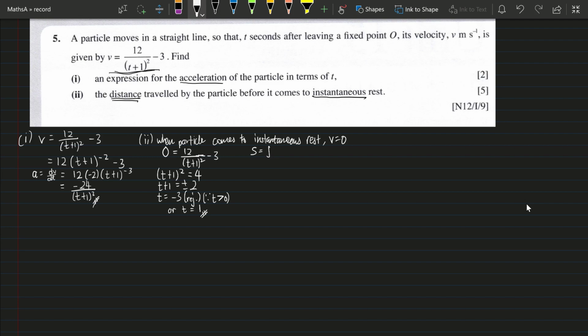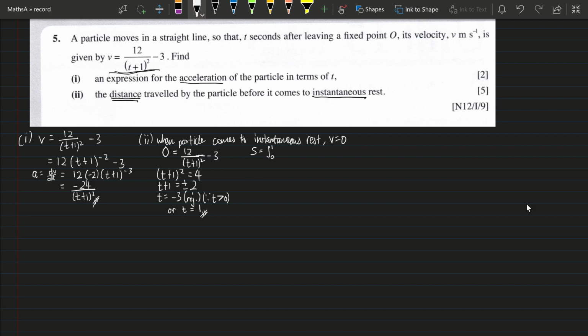So the distance traveled by the particle implies that when the particle starts, the time is at 0. That's where this question all starts. When time equals 0 until before it comes to an instantaneous rest, t equals 1.